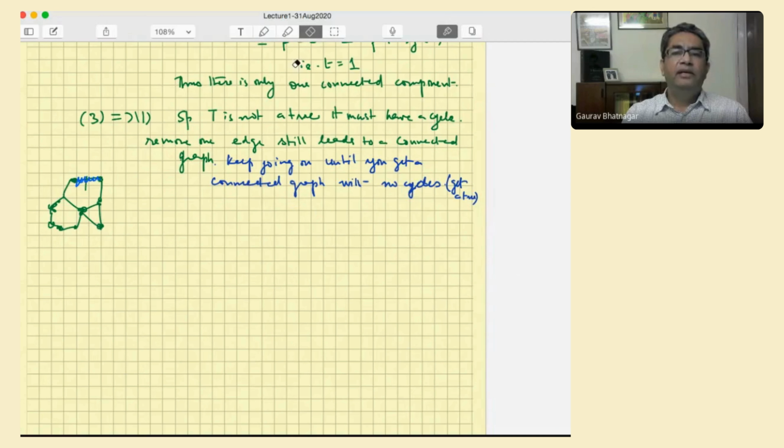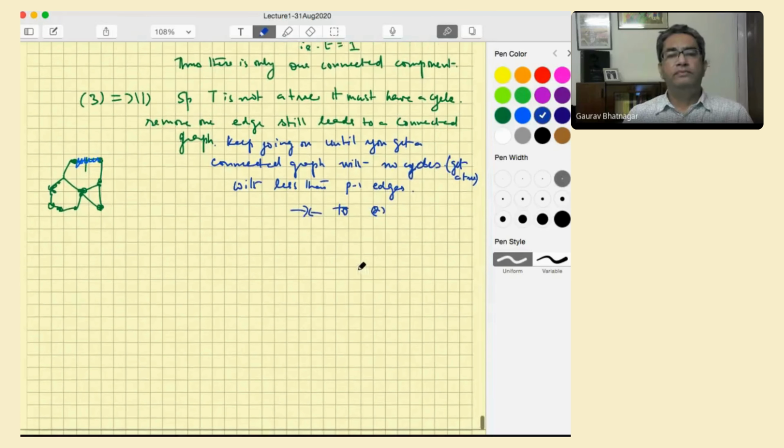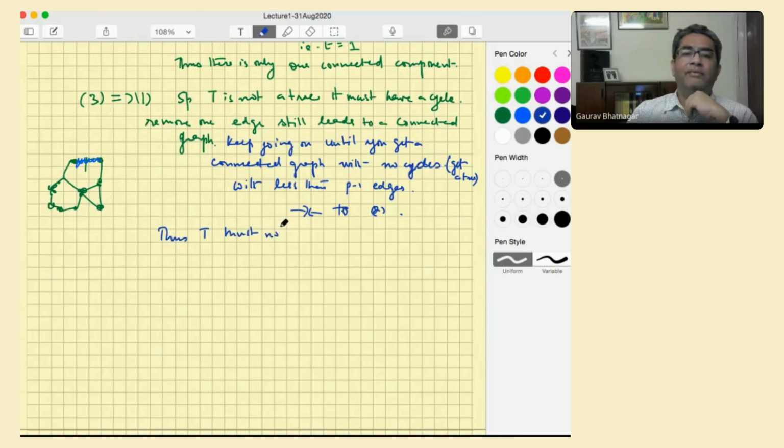Let's say you get a connected graph with less than P minus 1 edges. So this is a contradiction to part 2, or rather 1 implies 2. So, well, this T must not have any cycles.